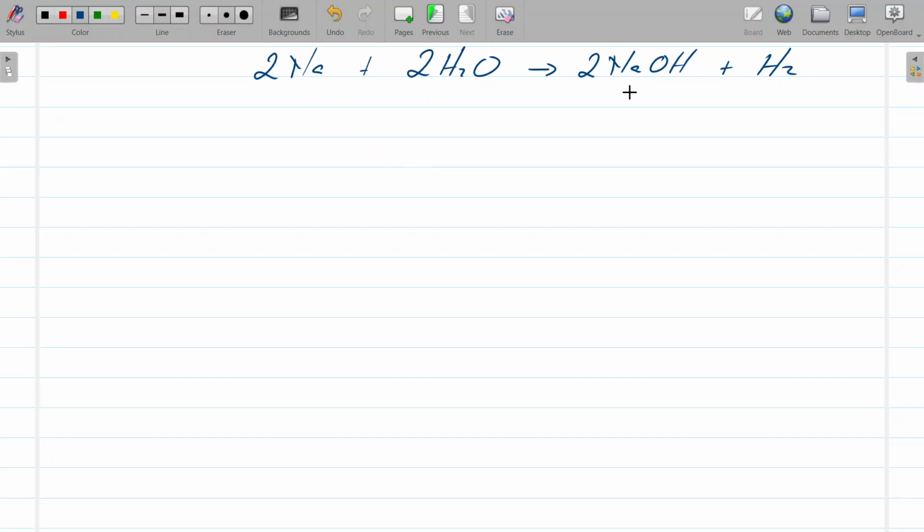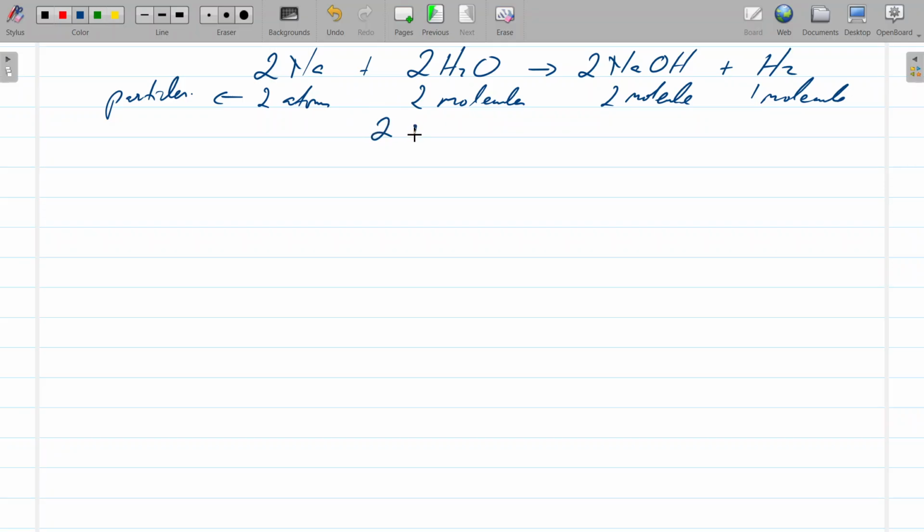Up till now, whatever equation we saw, we said there are 2 atoms of sodium reacting with 2 molecules of water, giving 2 molecules of sodium hydroxide and 1 molecule of hydrogen. Whether I say atom or molecule, all of these are particles. So they're reacting in a ratio of 2:2, giving me products in the ratio of 2:1.